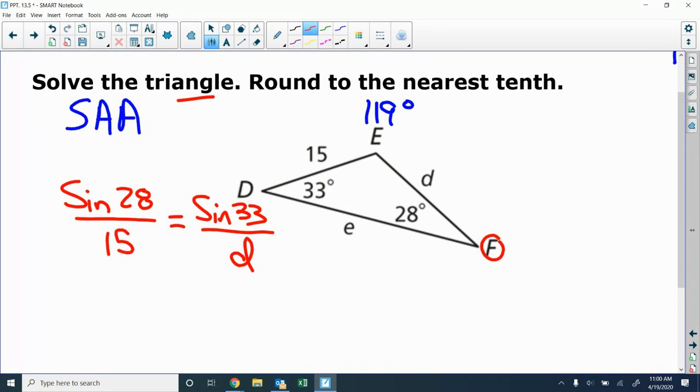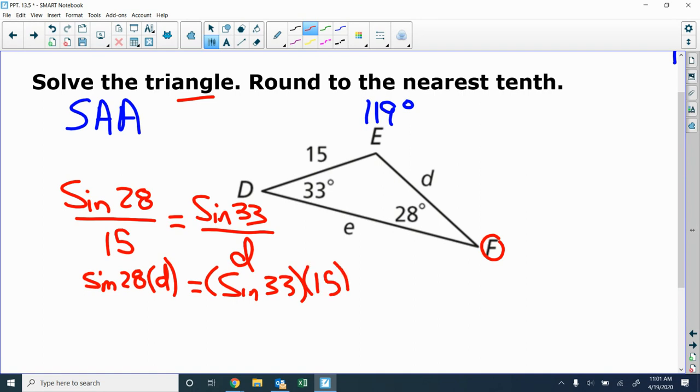So here's where you're going to have to grab your calculator again. We have a fraction set equal to a fraction, so we're going to cross multiply. We're going to have the sine of 28 degrees times d is equal to the sine of 33 times 15. Then we're going to have to divide by the sine of 28.